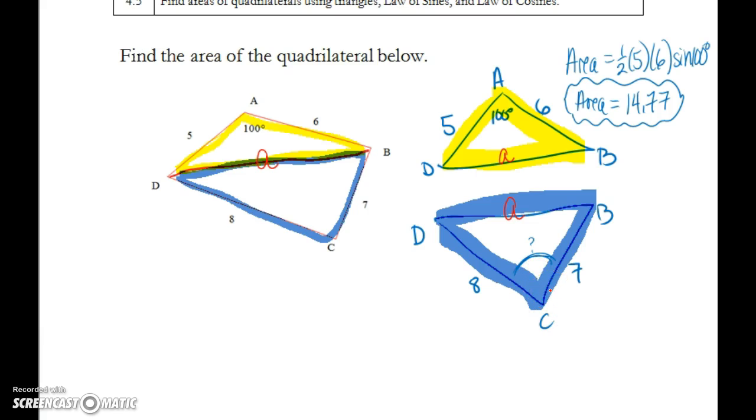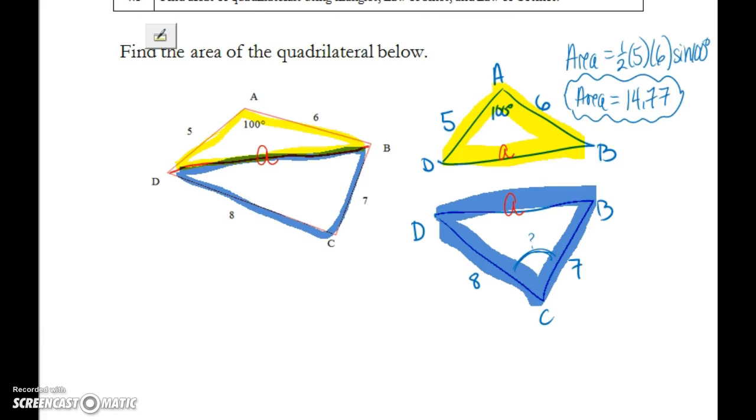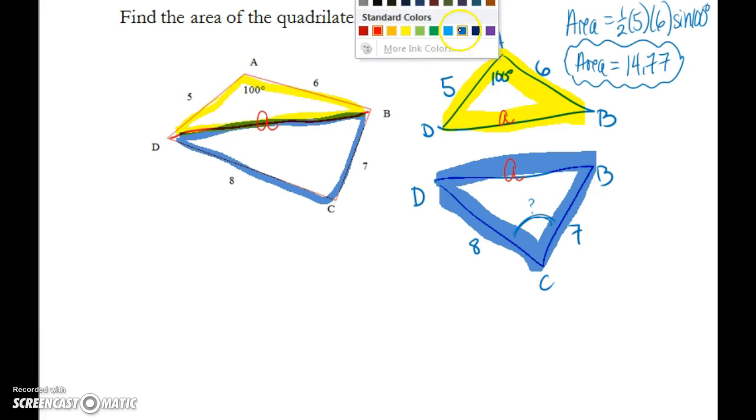Then we have three sides in a triangle, and that's enough information to use law of cosines to find angle C. So let's find side a.